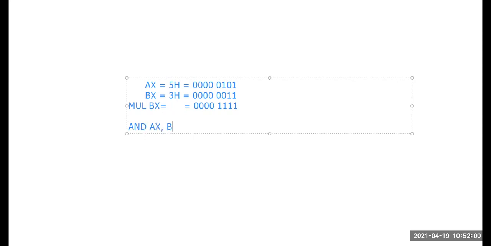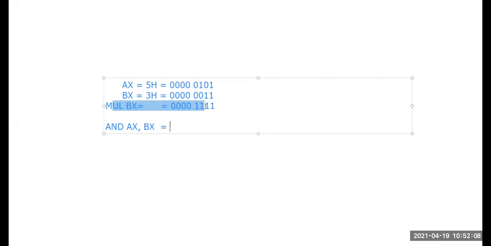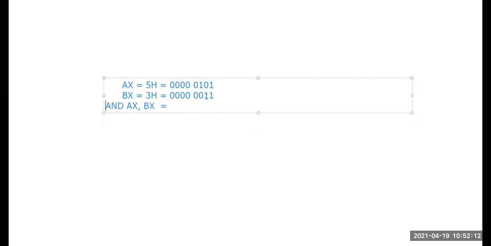But if we do AND ax comma bx, then when we do the AND logical multiplication, we have to calculate bit by bit.